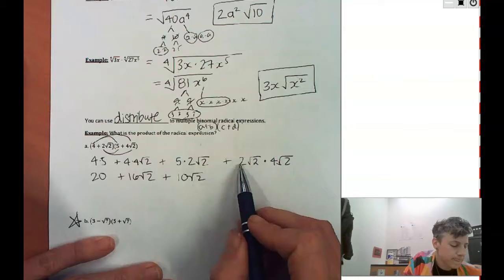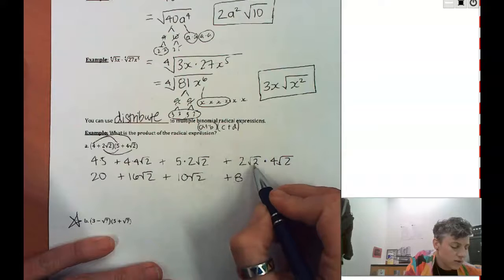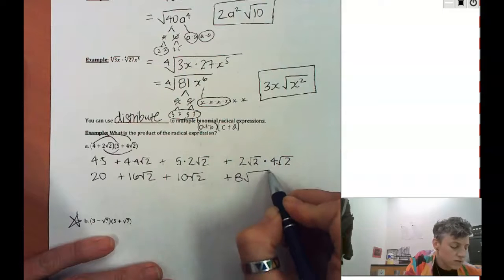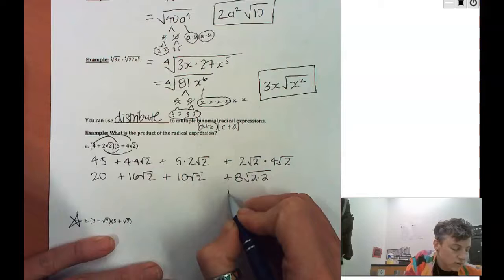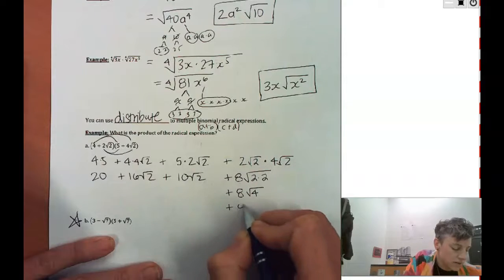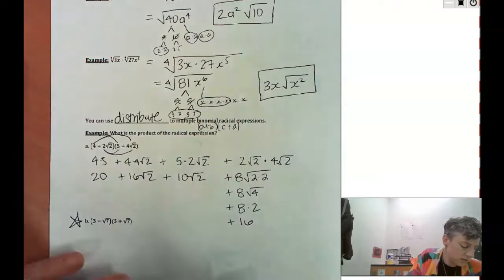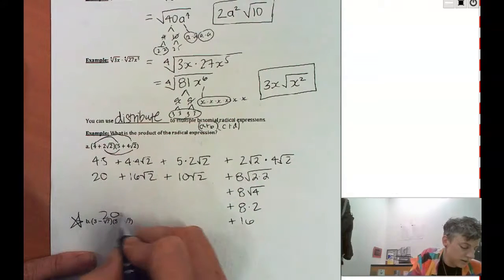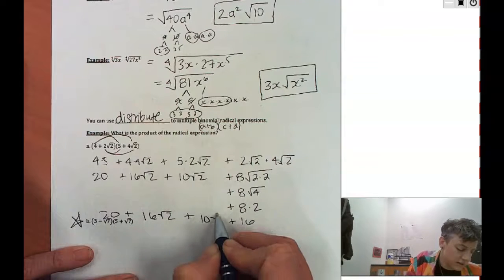Okay. We can multiply the numbers on the outside, and then multiply these two under the same house. So that's 2 times 2. What's 2 times 2? 4. What's the square root of 4? 2. What's 2 times 8? 16. Great. Let me just bring all these things down. 20 plus 16 square root of 2 plus 10 square root of 2 plus 16.